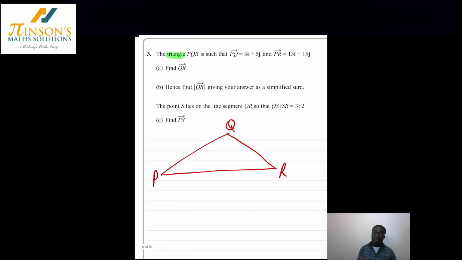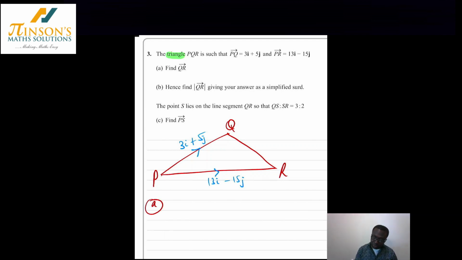Then we will label based on what we've been given in the question. We've been told that vector PQ is 3i add 5j. Vector PR is 13i minus 15j. To answer the first question A, it says we should find vector QR.